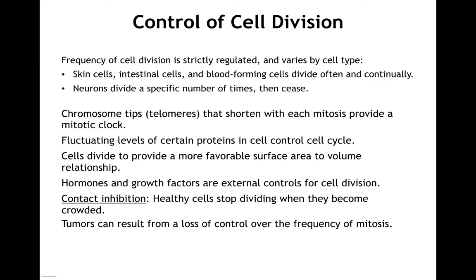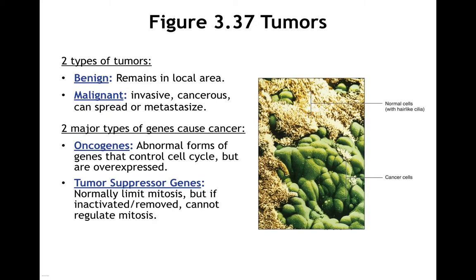Hormones are going to be controlling that. Contact inhibition, as I talked about on Monday, is going to be part of that. Cells that are in touch with other cells don't tend to divide. And when we lose control of mitosis, we get a disease called cancer. If we lose control of cell division, we do develop tumors.